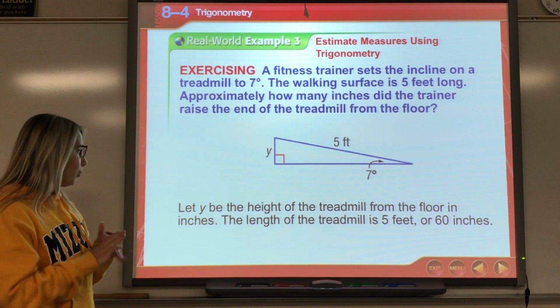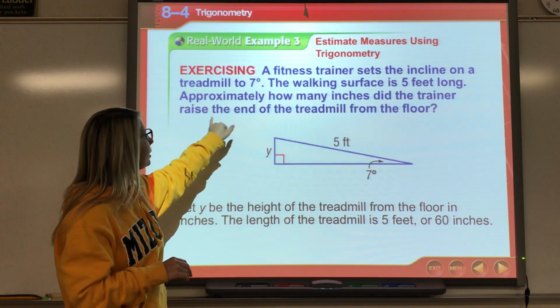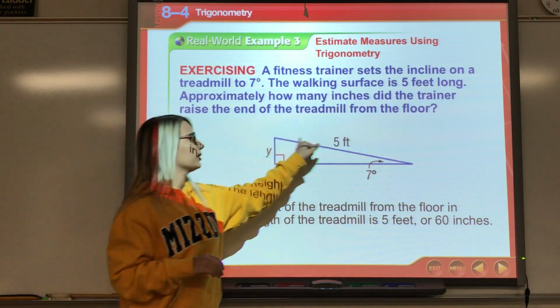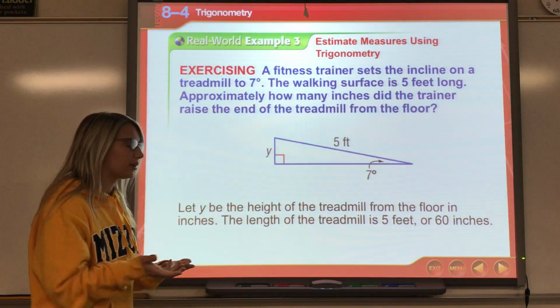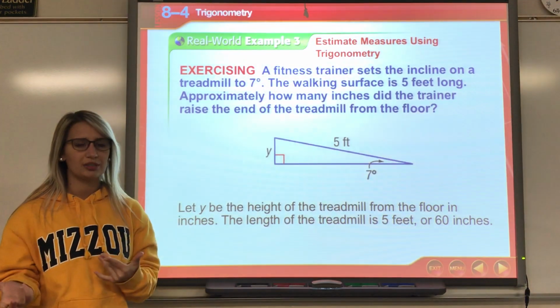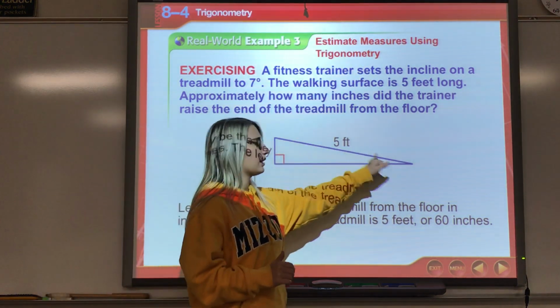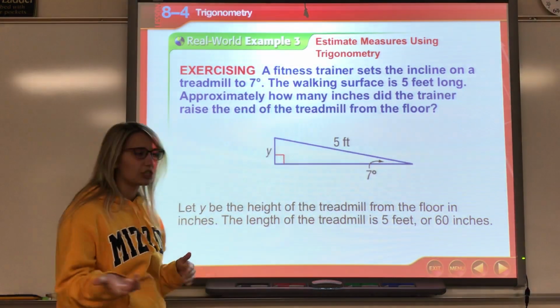So letting the height be y, remember it's asking us how many inches, but here they give us feet. So we have to do a little bit of converting. The length of the treadmill is 5 feet. When we multiply 5 by 12 for the 12 inches in a foot, we know that the hypotenuse is going to be 60 inches.